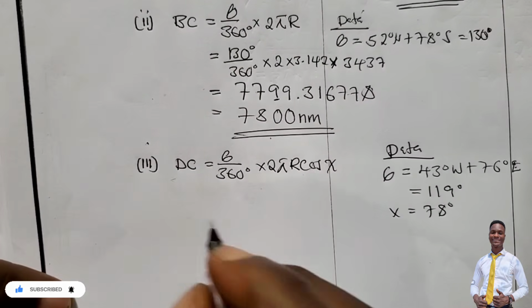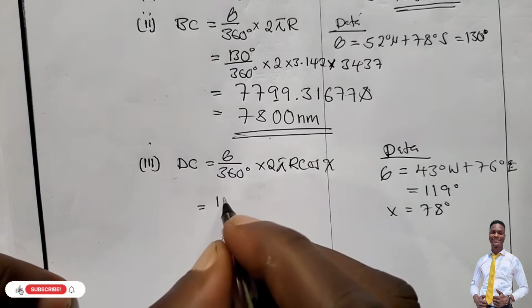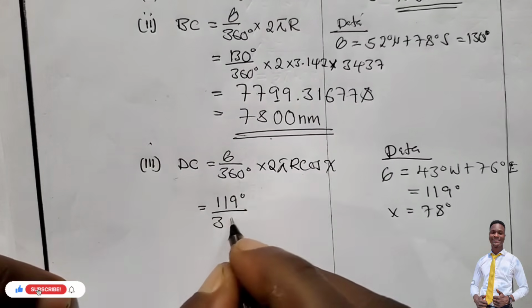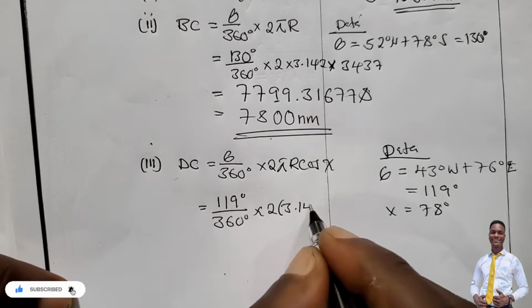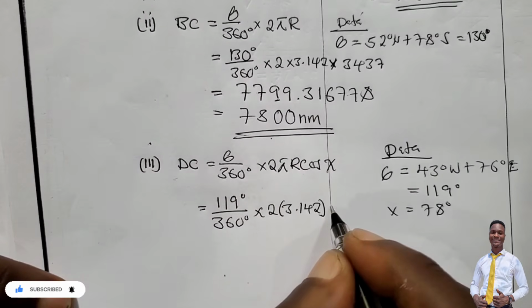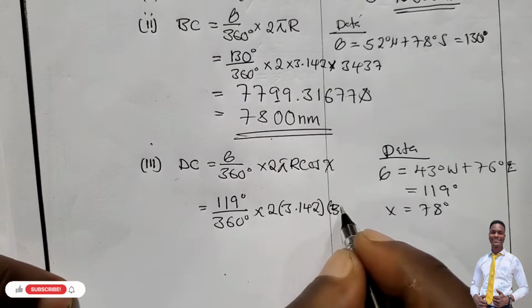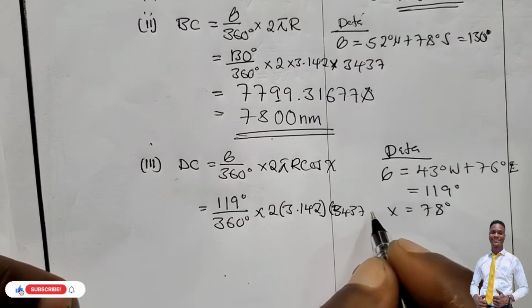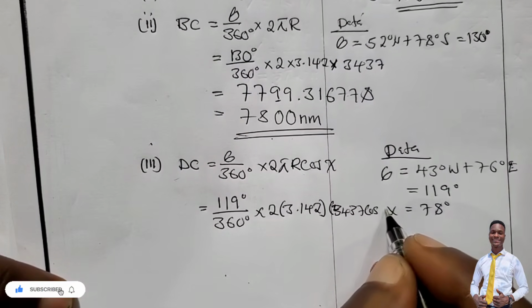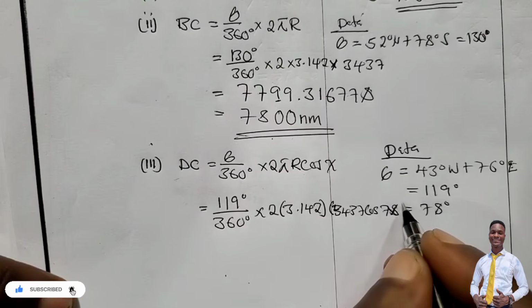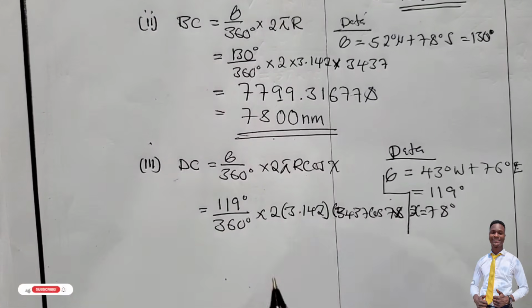Let's substitute. This is equal to 119 degrees over 360 degrees times 2 times 3.142 times 3437 cos 78.